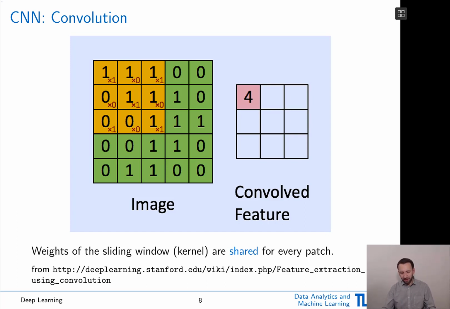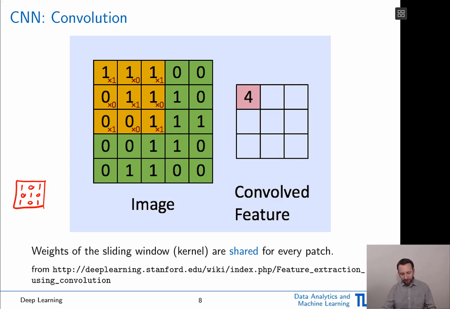So here you see it. Let's say we have a specific kernel, and the kernel, or the sliding window, has here the values 0, 1, 0, 1, 0, 1, 0, 1, 0, 1. So this is our kernel, the window we are sliding over the image.